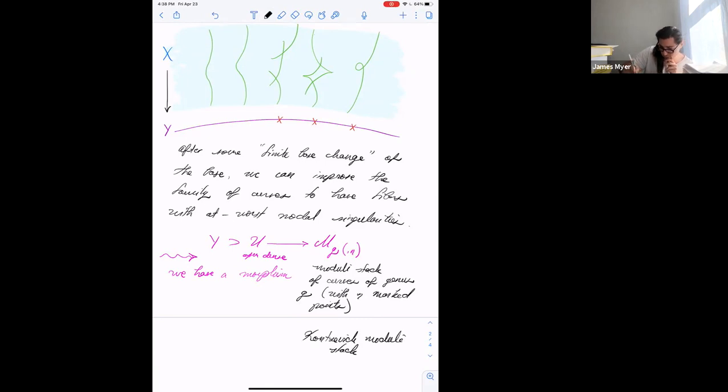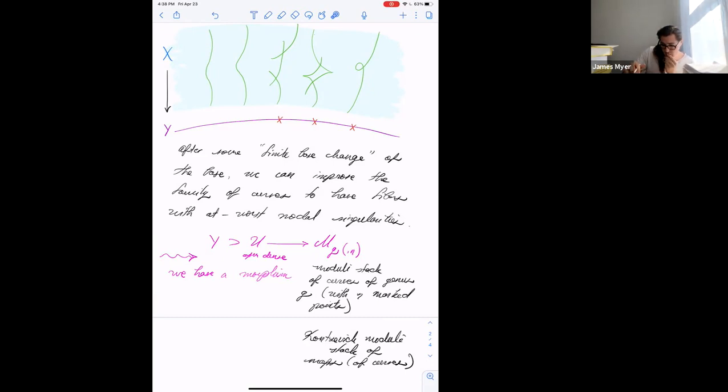I'll explain why, hopefully, in a bit. So this is actually not the stack of curves, but rather the stack of maps of curves into the space in some sense. Maybe I won't get into that too much, but that's another option that you have.